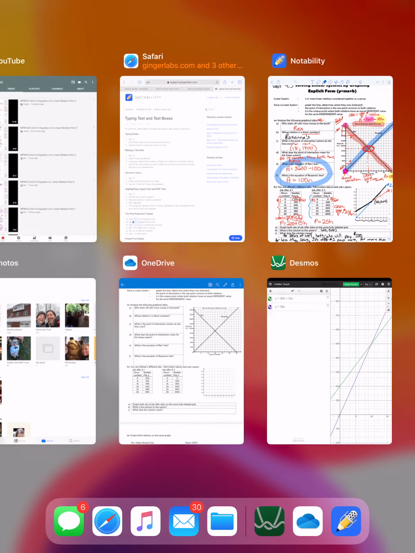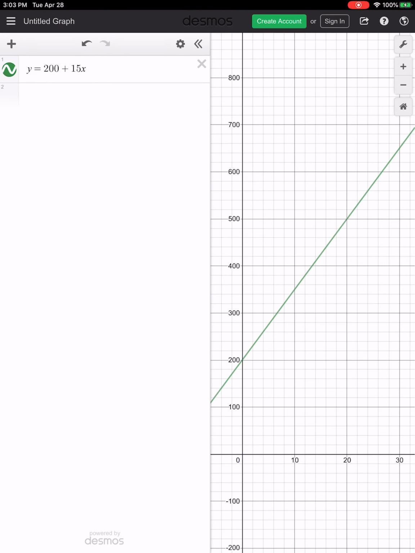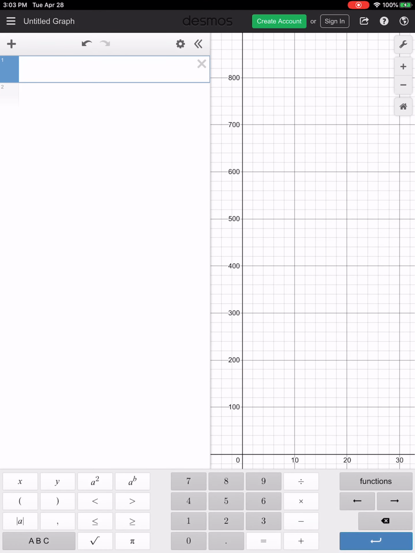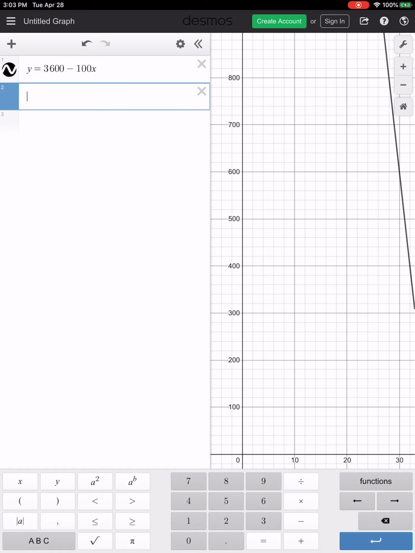So I'm going to go back into Desmos. I'm going to clear these two off. And again, I'm going to do Y equals instead of A equals. So Y equals 3,600 minus 100X. And then click on the second line, and that's just 100x.